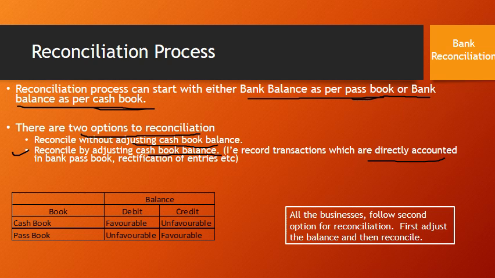In the first option, we take the bank statement as it is and the cash book balance as it is and we reconcile. No adjustments will be done. But in the second case, we will record all the transactions which were directly accounted in the bank passbook, and if any rectification entries are needed, we will record those and then do a reconciliation.